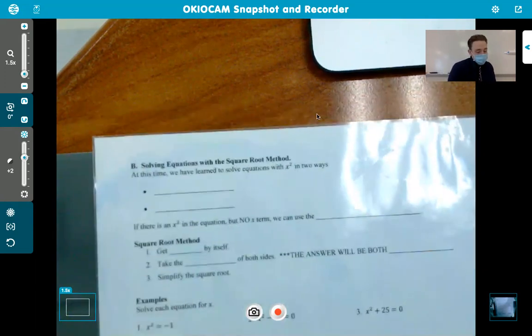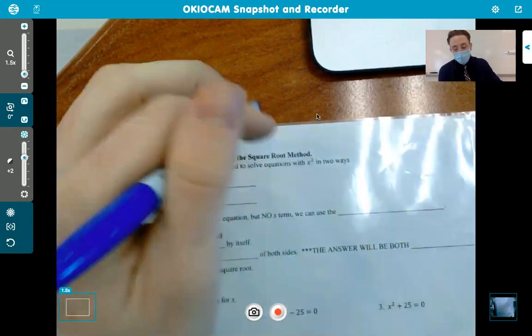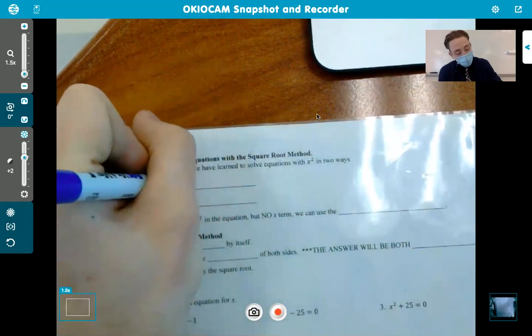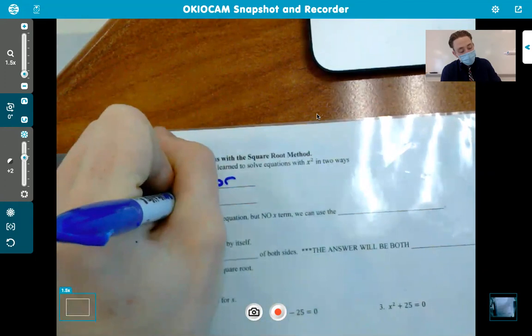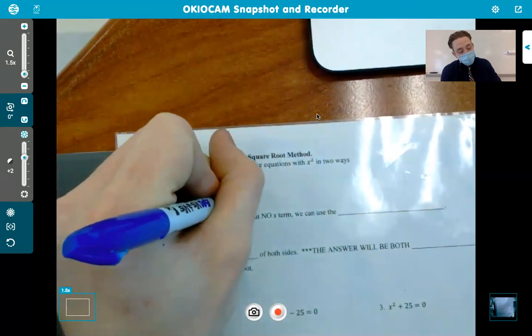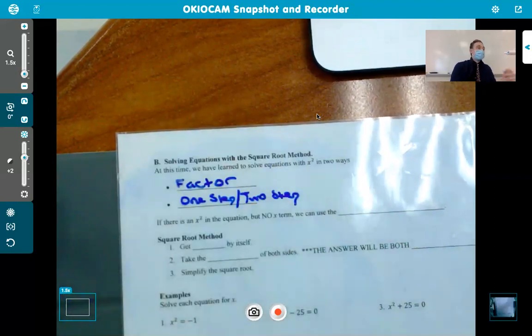At this time, so you see here, this note here, at this time we've learned to solve equations with x squared. We've been able to just factor, right? Or we might have done some 1-step and 2-step equations, right? Where maybe I move something over, divide, do whatever I needed to do.